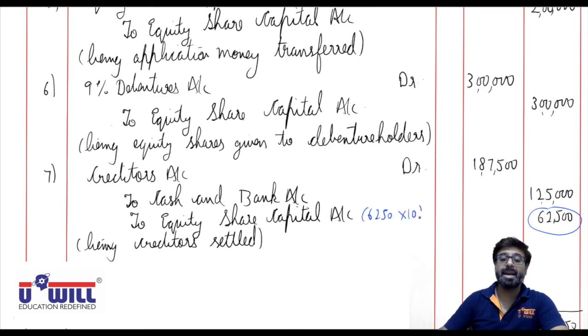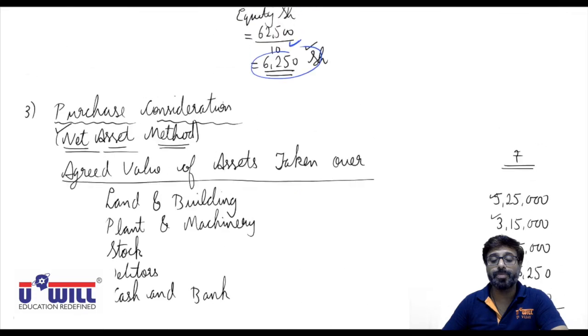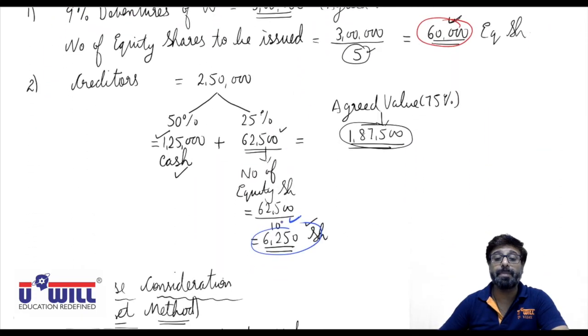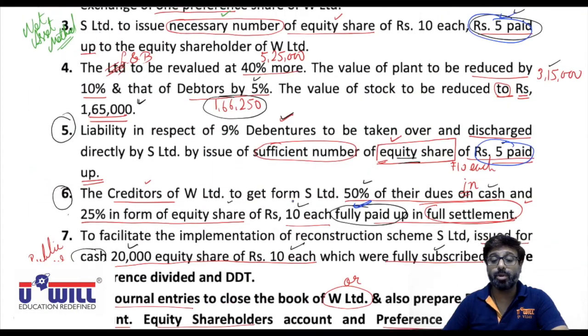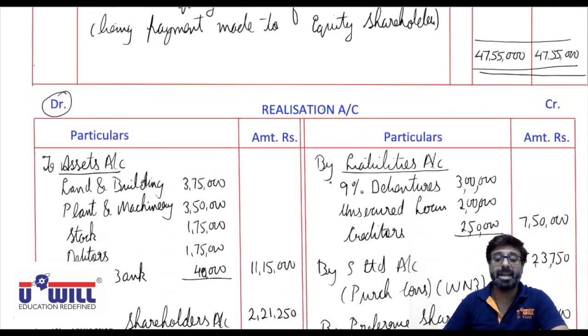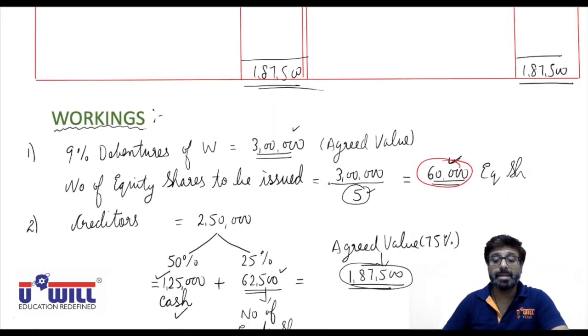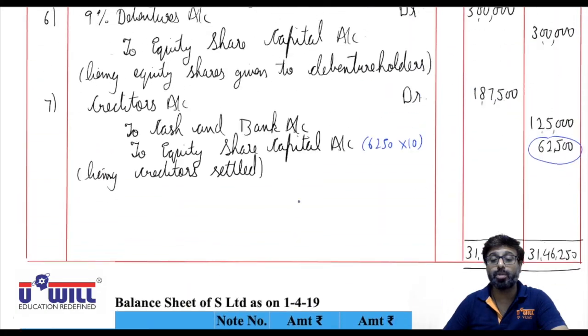So these we can combine as they are fully paid up. 20,000 plus this 6250 which are issued to creditors, fully paid up. You can also see in adjustments it is mentioned that what we have given to creditors are fully paid up. So these two we can combine. Which two? Which are fully paid up, 10 rupees paid up. They are 6250 issued to creditors and 20,000 issued to public.